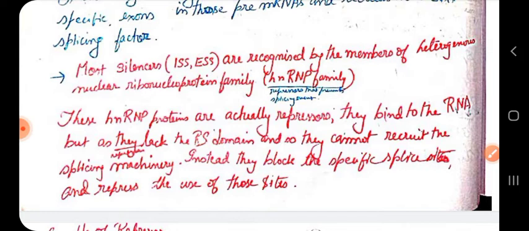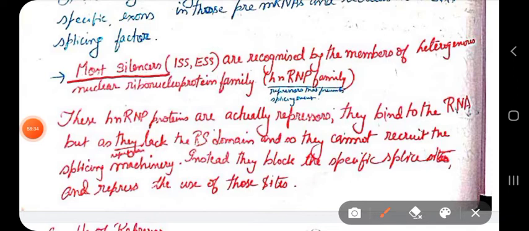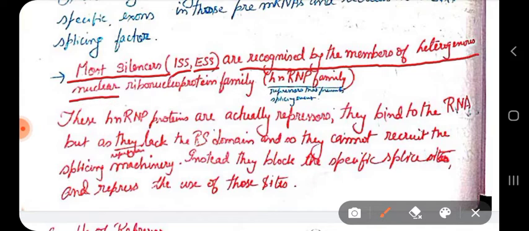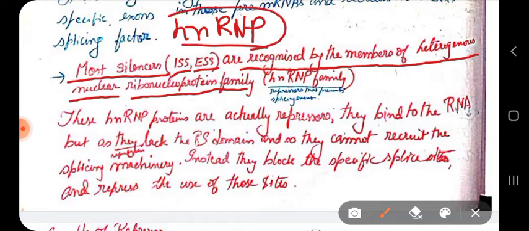Most silencers, called intronic splicing silencer and exonic splicing silencer, are recognized by a member of the heterogeneous nuclear ribonucleoprotein family. In short, the heterogeneous nuclear ribonucleoprotein family is also called hnRNP.